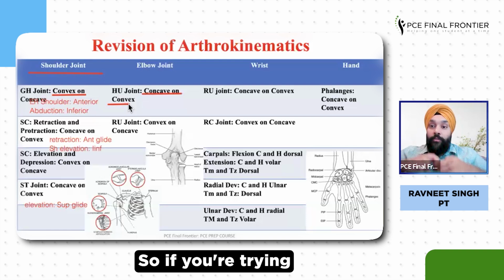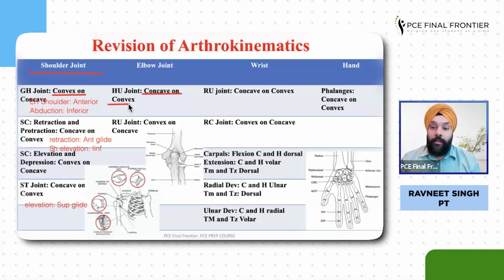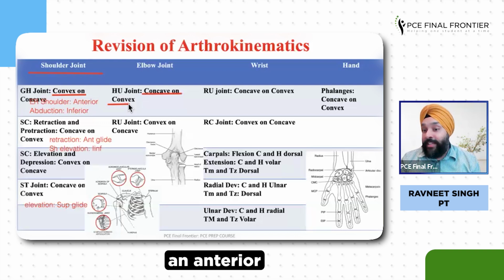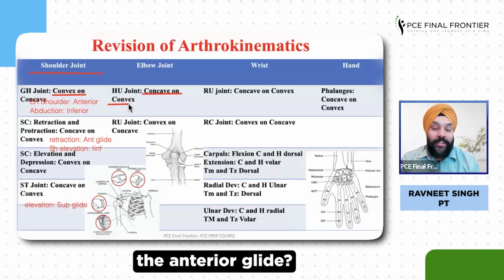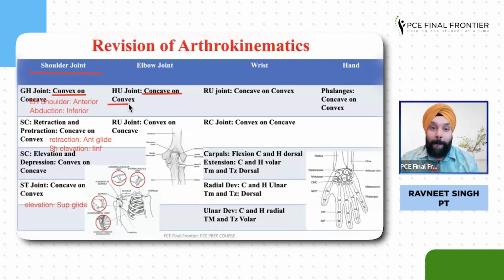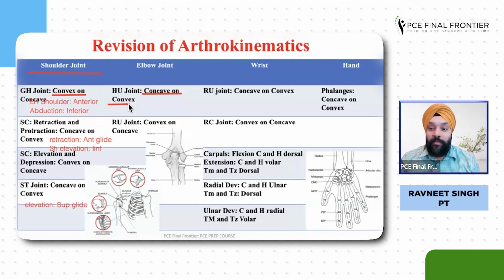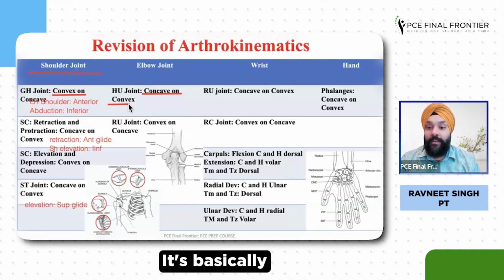All right. So if you're trying to improve flexion, what do you do? Is there an anterior glide on the joint? How do you give the anterior glide? Think about it. It's basically the distraction.